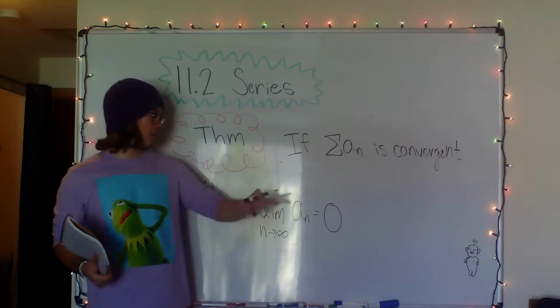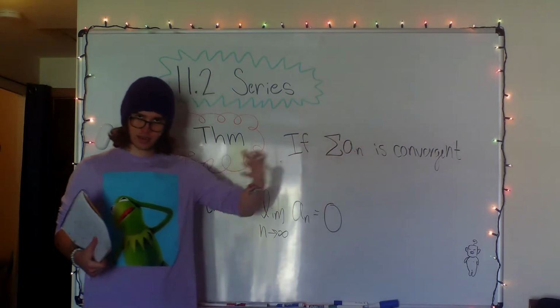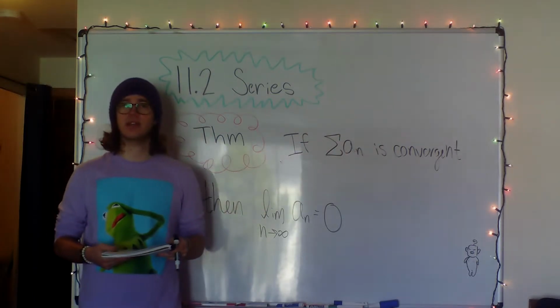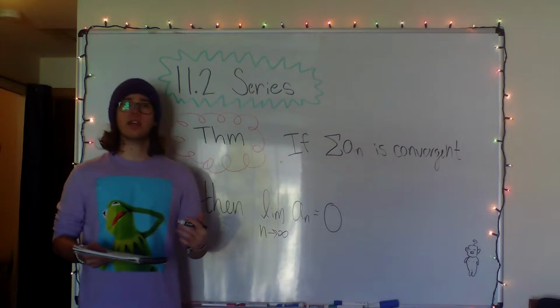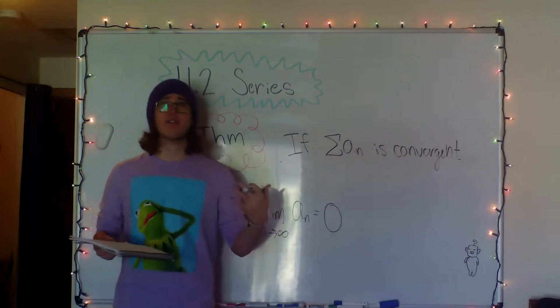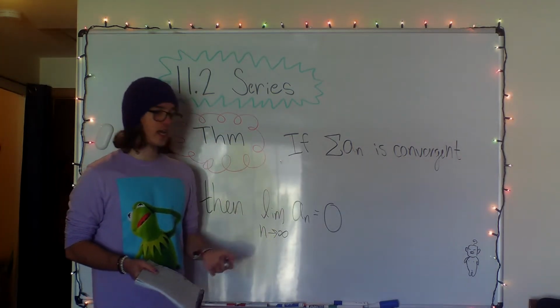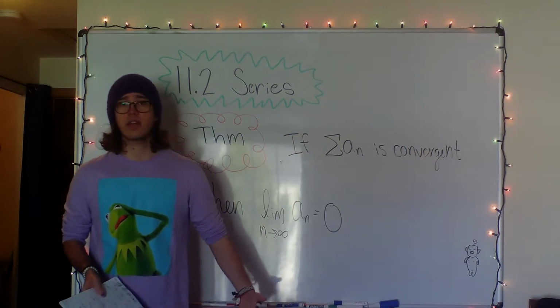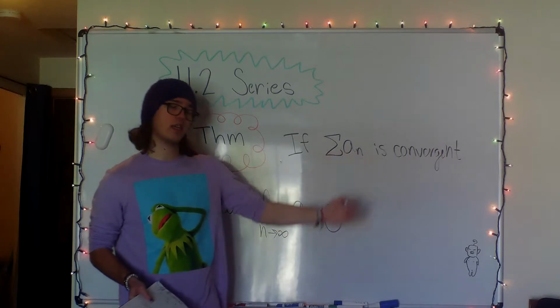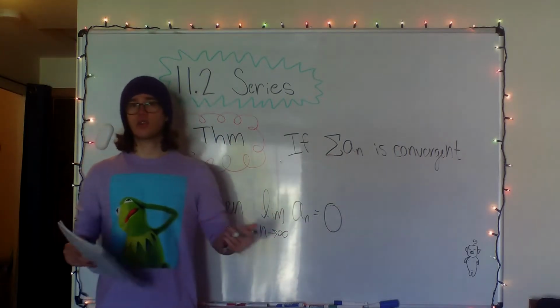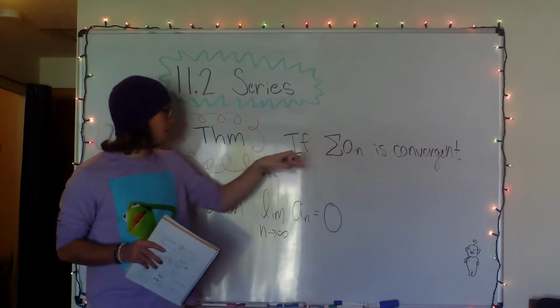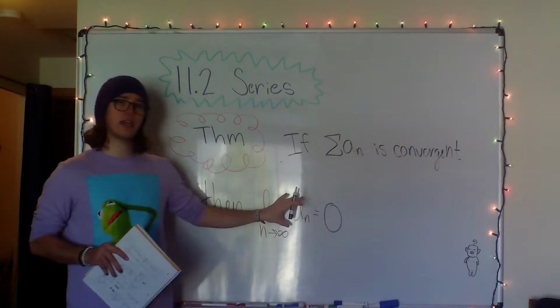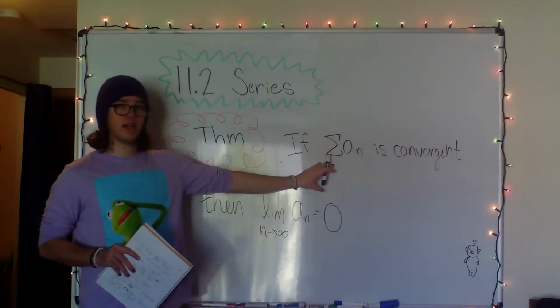One other thing that we can say about this is we can take the negation of this. Essentially, the negation states that if the limit of an does not equal 0, or it does not exist, then our series is divergent. So that is a correct implication. We essentially negate this implication statement and say not this, then not that.